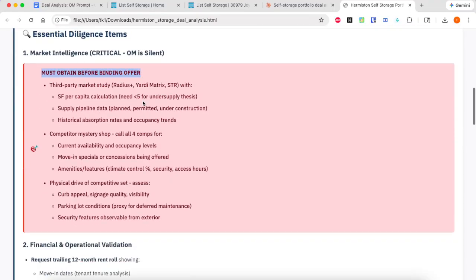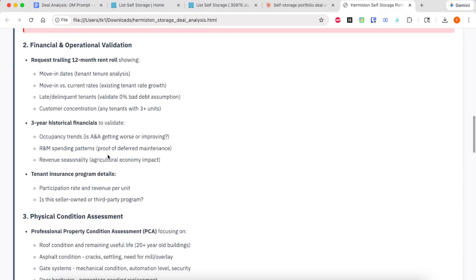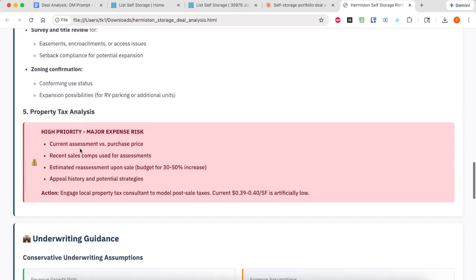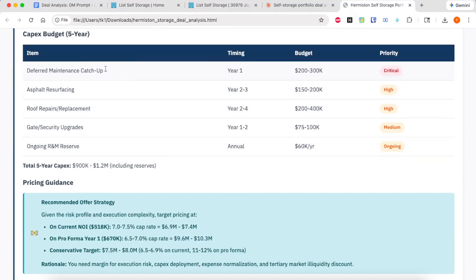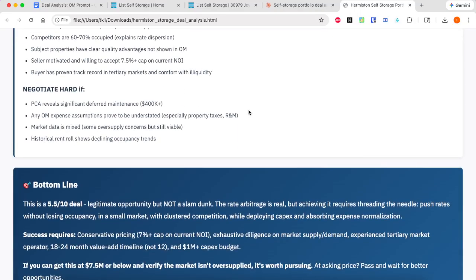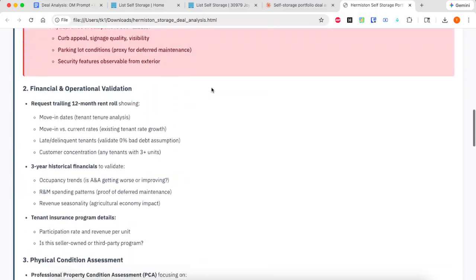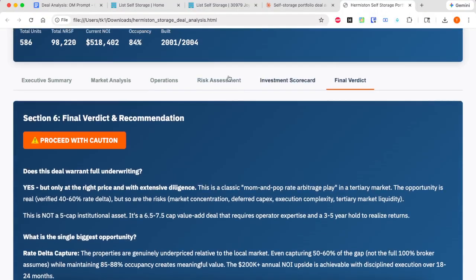Must obtain before binding offer, and it gives you some information there that you should look into further. And then the financials that are needed to properly evaluate it: condition assessment, zoning, property tax, cap rate, capex budget. So I mean, if you're an underwriter, depending on whatever asset class you're in, this is how you should be evaluating deals, at least for an initial screen, because drawing these insights is just incredible.